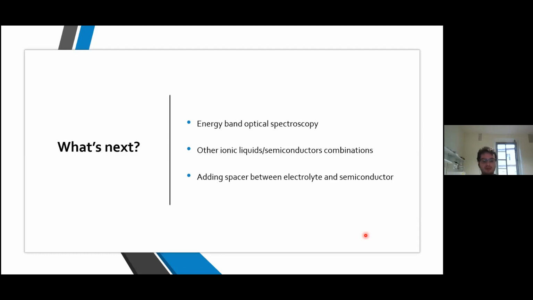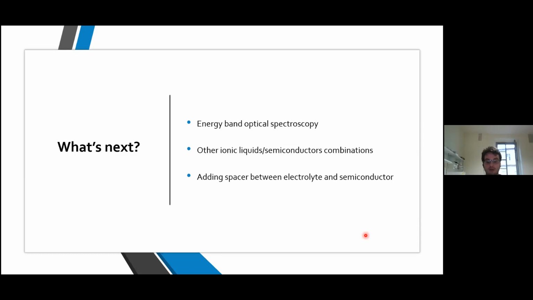Also, exploiting other ionic liquid and semiconductor combinations would be very interesting. For example, employing a material which is not providing this Fermi pinning in the conduction band, as indium arsenide does, so that we can induce not only depletion of charge carriers, but also generate an inversion layer.